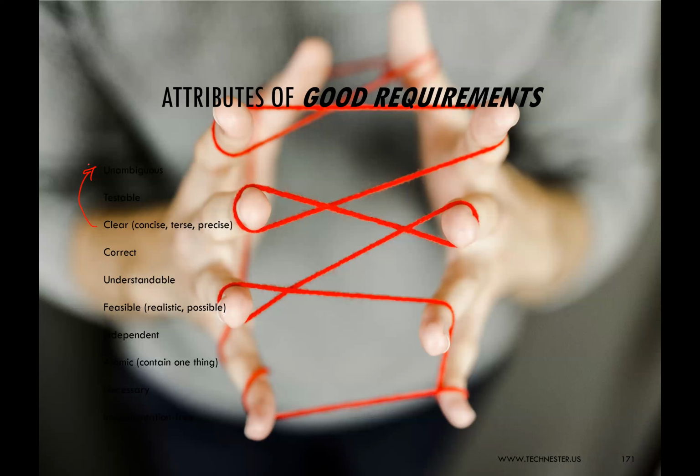A good requirement should be correct. Make sure you have the correct requirement. It should represent exactly what the stakeholder said they wanted, and not something else that the organization will end up expending resources on and won't achieve the goal they want.